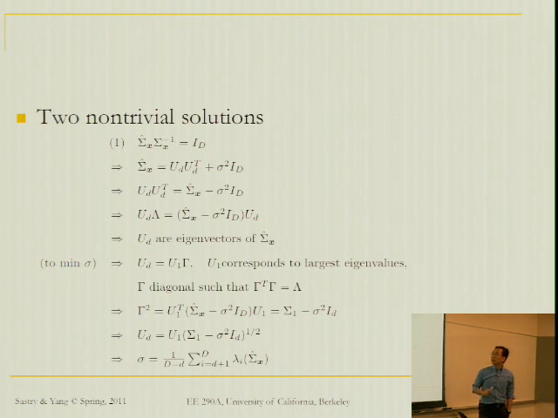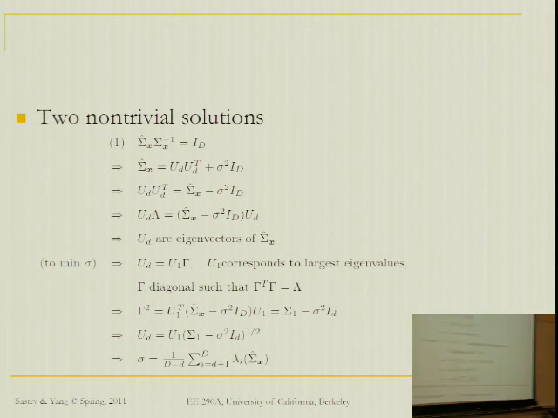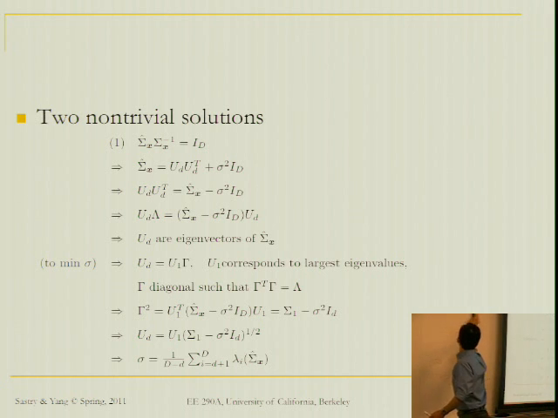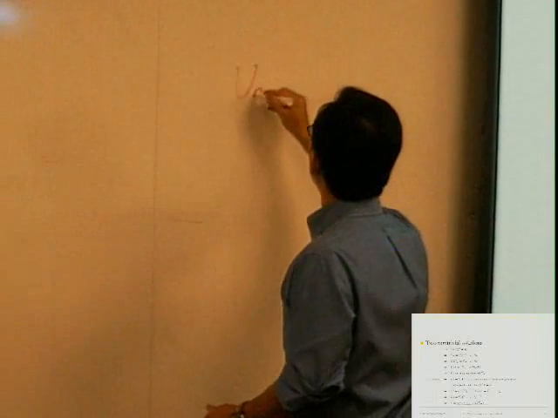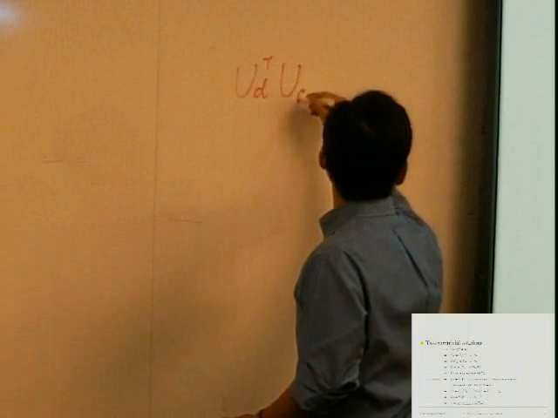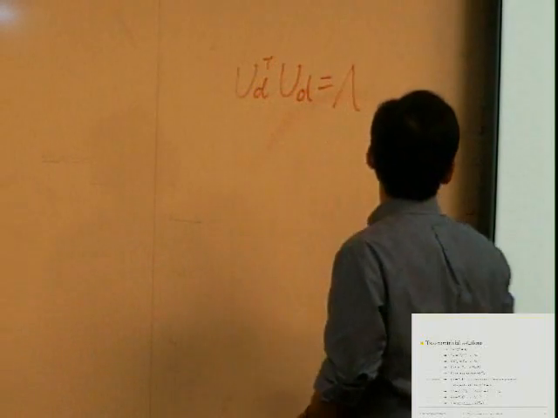So what I can do is to choose U1 corresponding to the largest eigenvalue of this matrix. And then what is this? This is another matrix that makes sure that UD transpose UD equals capital lambda.